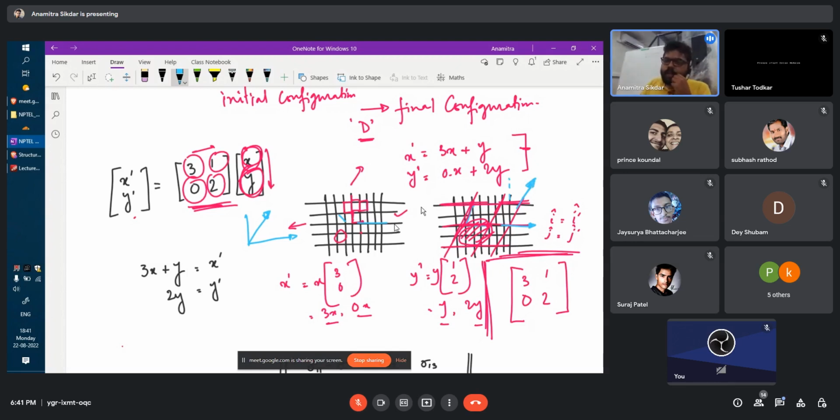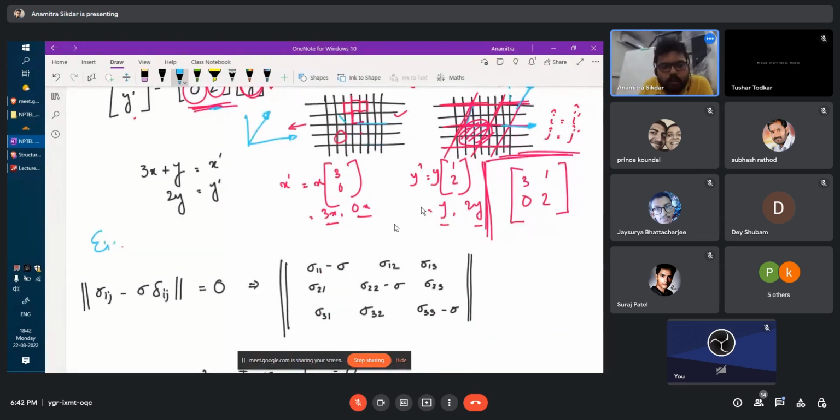So there will be directions which won't be changed. It will be either stretched or it can remain the same depending on the matrix. There will be some directions which won't be changed. Those directions are called eigenvectors, right?